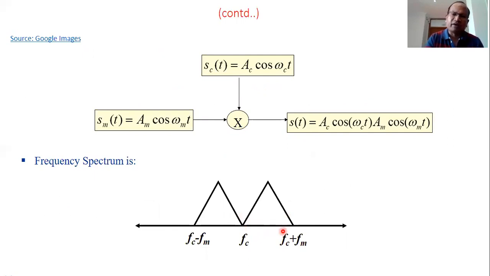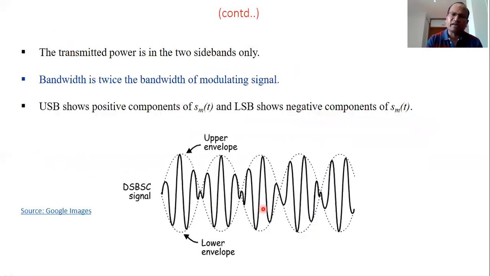How do you calculate bandwidth? Upper frequency minus lower frequency, that is fc plus fm minus fc, which gives fm. The same bandwidth is in the lower sideband. So the message signal bandwidth is present in both sidebands, which clearly indicates that the message is present in the upper sideband as well as the lower sideband. The message no longer remains in the carrier.